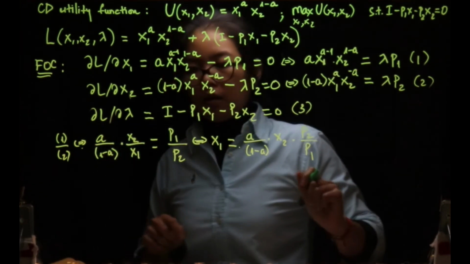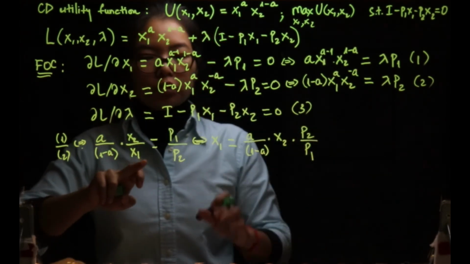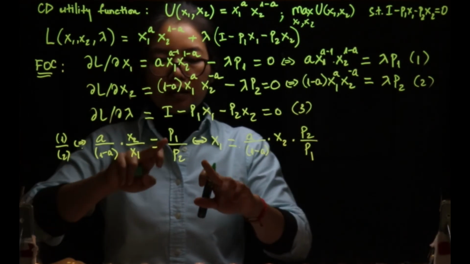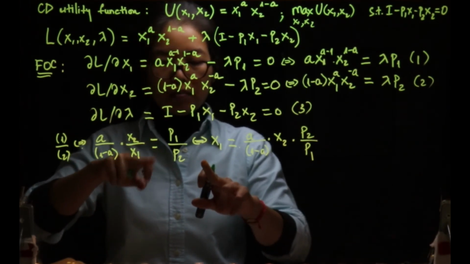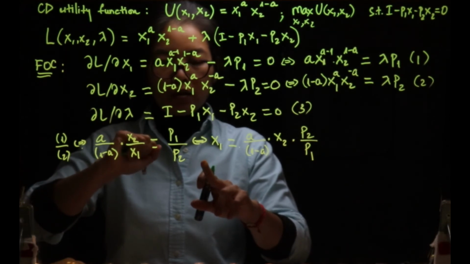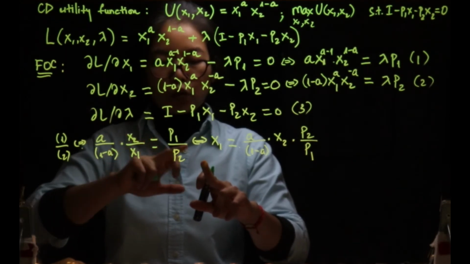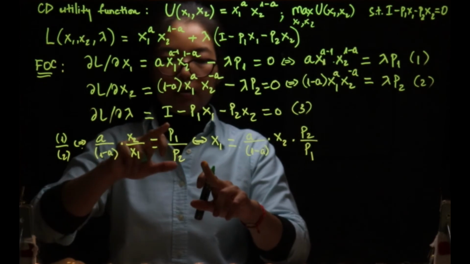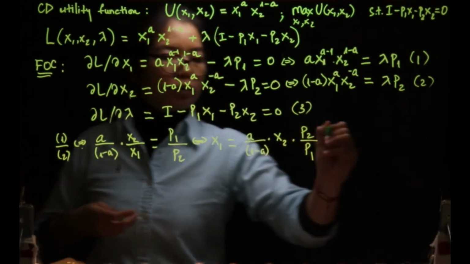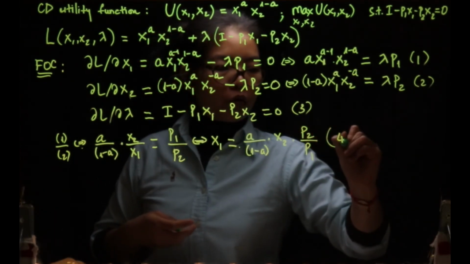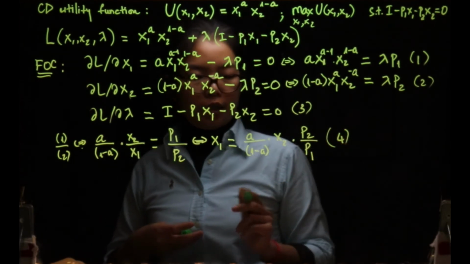You multiply both sides by x1 and then divide by p1 over p2. Let's call it equation 4.